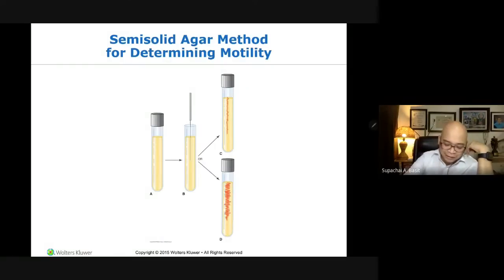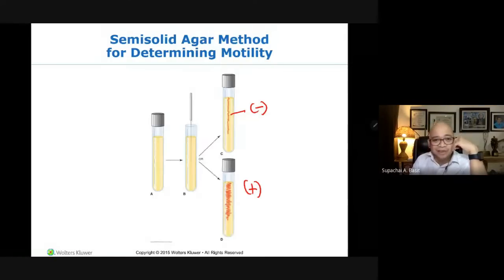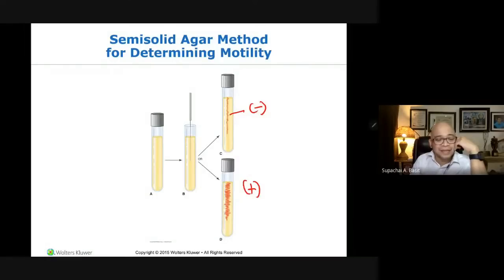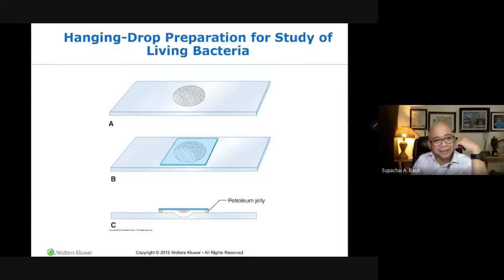Here is an example of a negative result because there is no growth away from the site of inoculation. And here is an example of a positive result because of the growth away from the site of inoculation. Okay, so that is semi-solid medium. And here is the hanging drop technique.